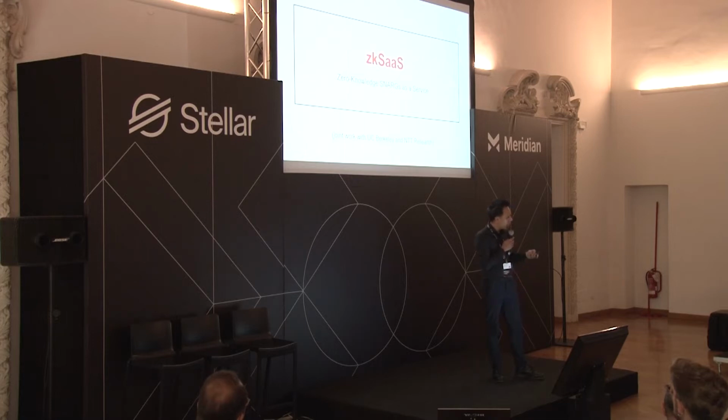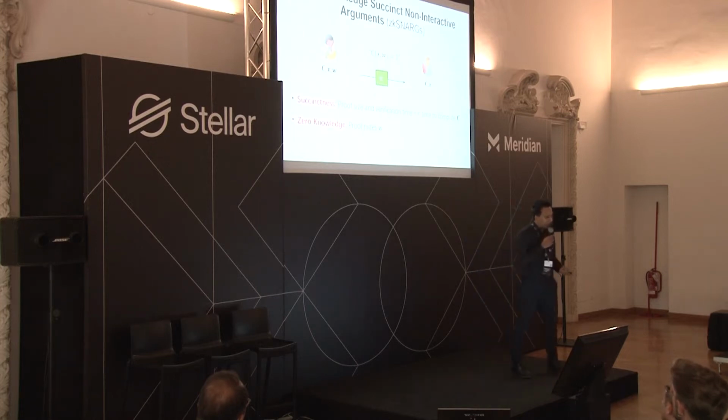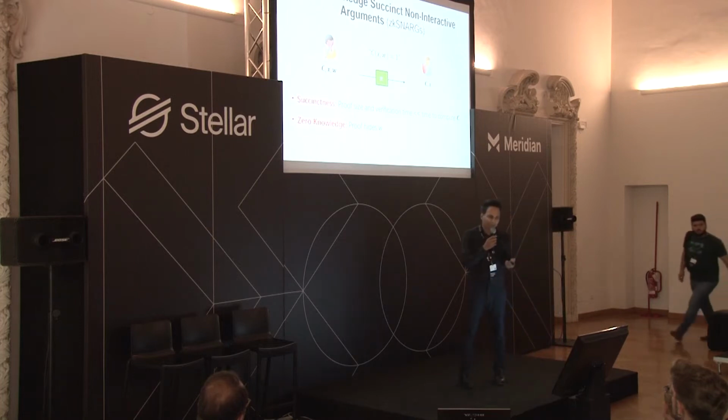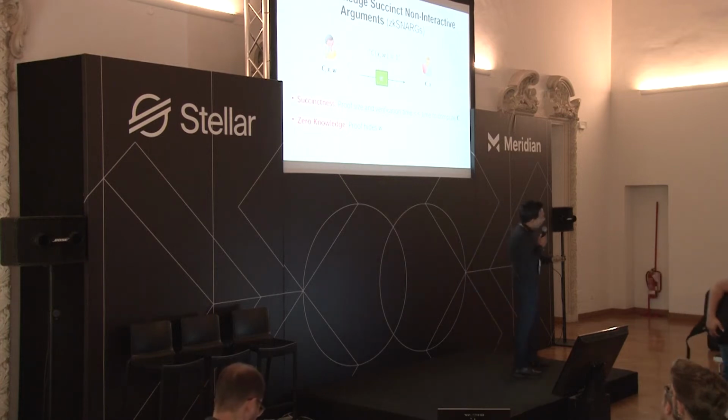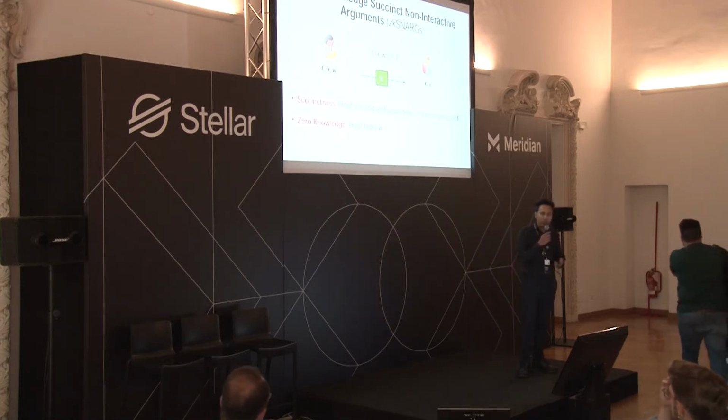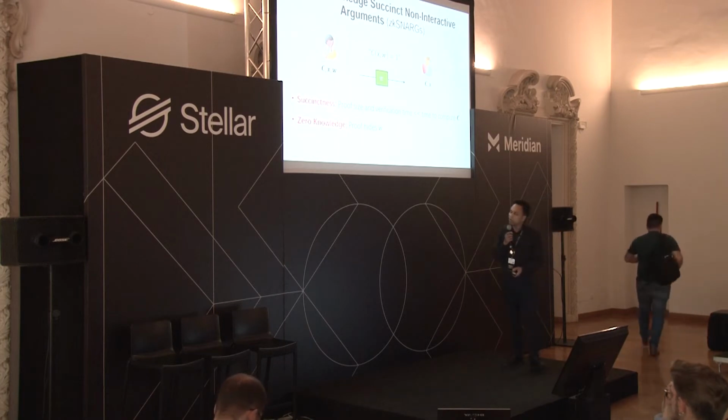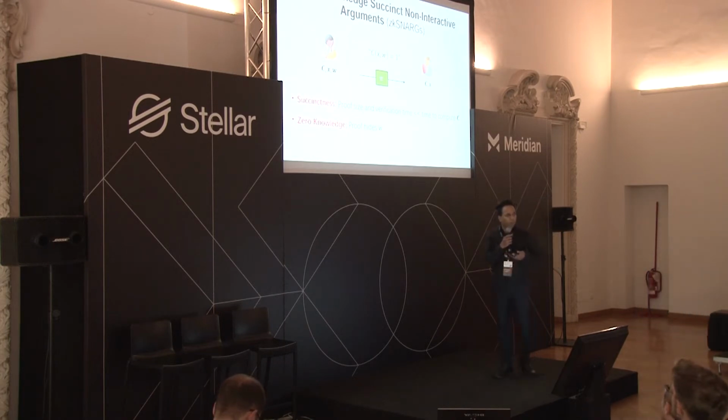Let me start by explaining what ZK SNARKs are, if you haven't heard of them. ZK SNARKs are short for zero-knowledge, succinct, non-interactive arguments. It may sound like a mouthful, but there are lots of properties associated with this primitive which make them really desirable. First of all, ZK SNARKs are a form of proof system.